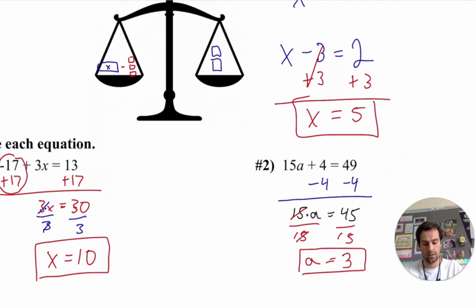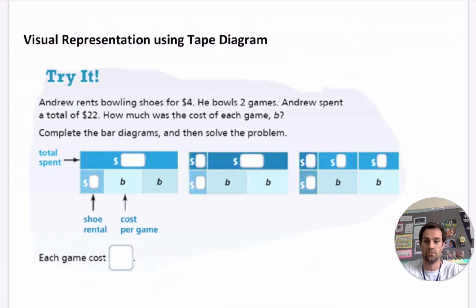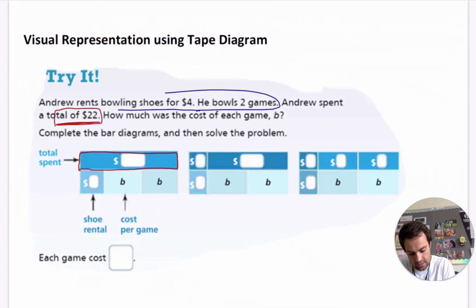Okay? Let's go ahead and look at this using a tape diagram, so a visual representation. Andrew rents bowling shoes for $4. He bowls 2 games. Andrew spent a total of $22. How much was the cost of each game, B? So the total 22 is the same as the bowling shoes and the 2 games here.